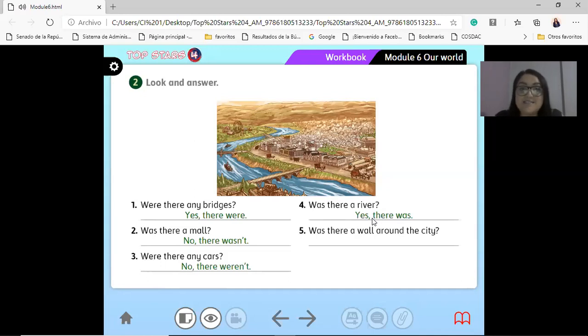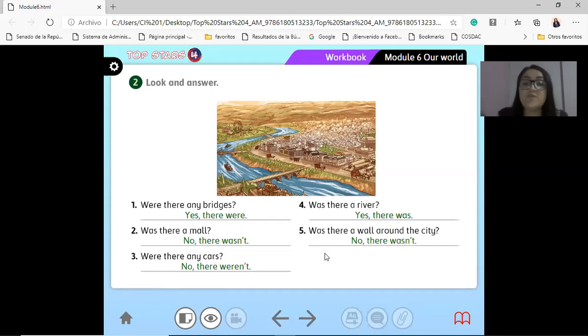Yes, there was. Sí, sí había un río. Was there a wall around the city? ¿Había un muro alrededor de la ciudad? The correct answer is no, there wasn't. No se ve ningún muro por ahí. No, there wasn't. Okay? Write your answers.